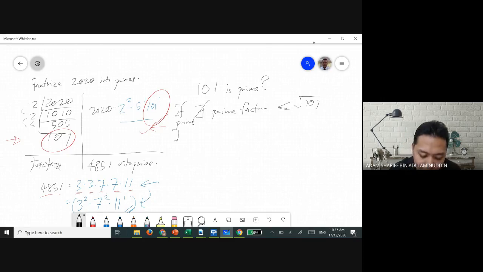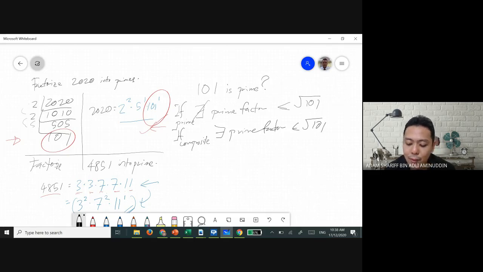Vice versa, if it is a composite, there exists prime factor less than or equal to square root of 101. Kalau tidak prime, maka composite lah. So, square root of 101 is very small. It's approximately 10.05.